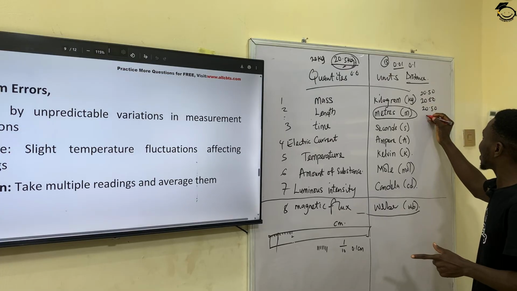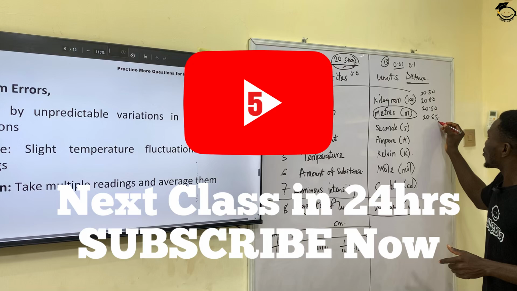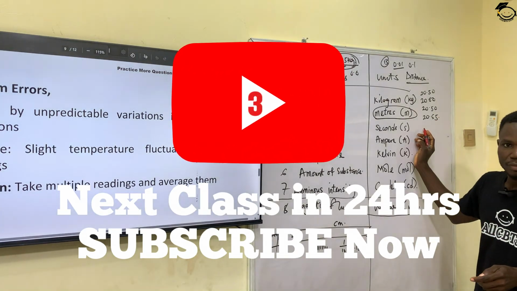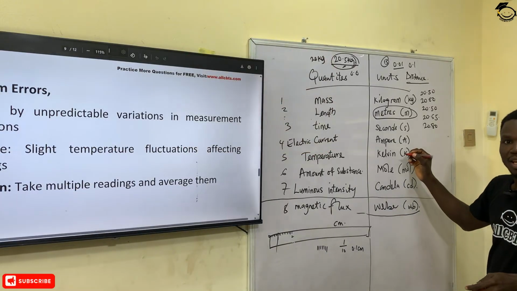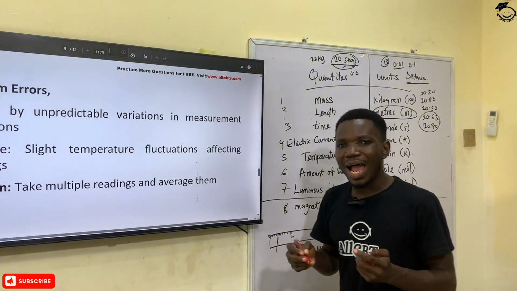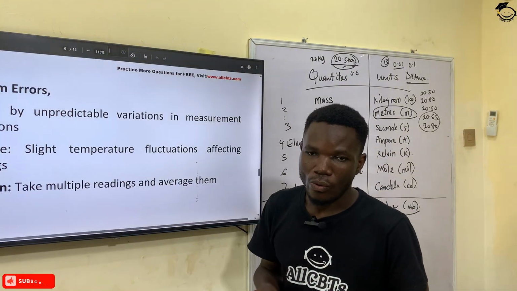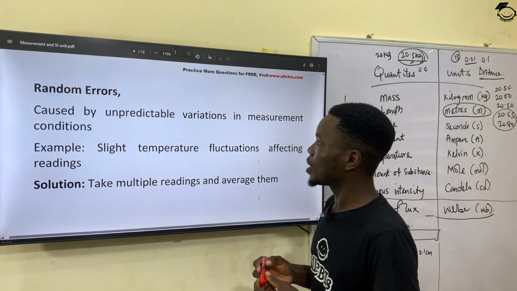Another person sees 20.55. So these errors are not consistent. Somebody might even see 20.80. Why? Because these errors are affected by the human factor, and we call them random errors. Moving on from there.